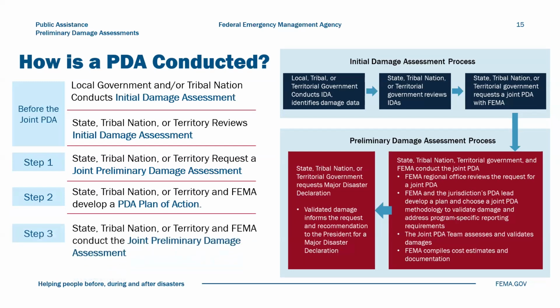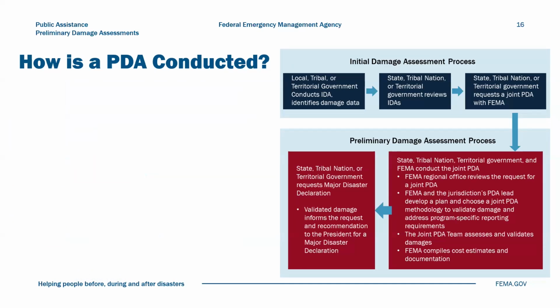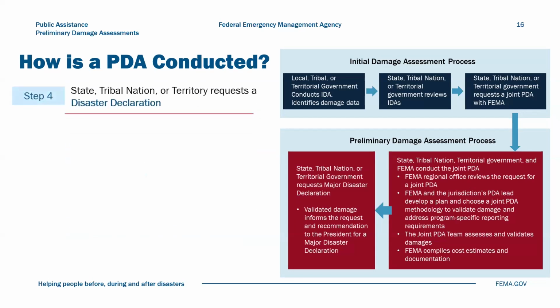FEMA and the state, tribal nation, or territory will develop a joint PDA plan of action and choose a methodology to validate damage and address program-specific reporting requirements. Once the joint PDA is complete, the state, tribal nation, or territory requests a presidential disaster declaration and submits the request to the FEMA regional administrator.